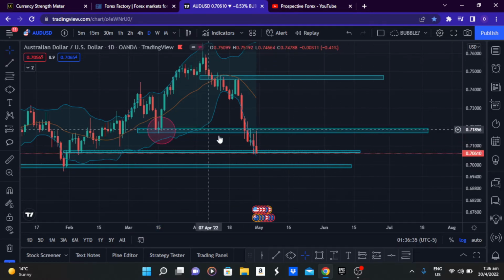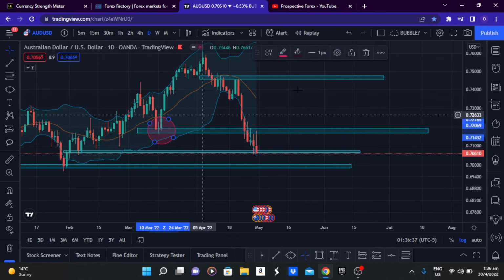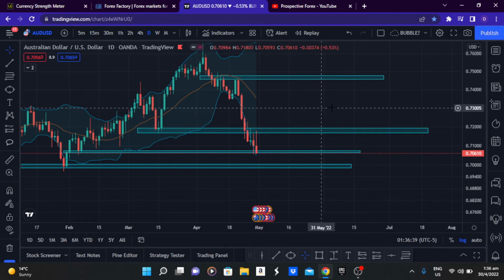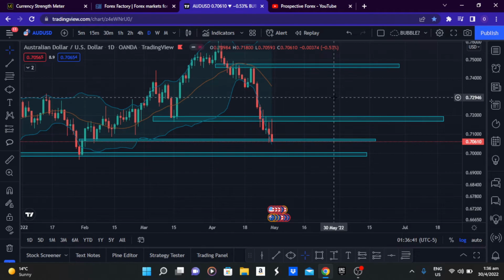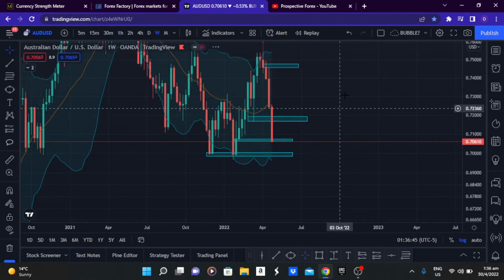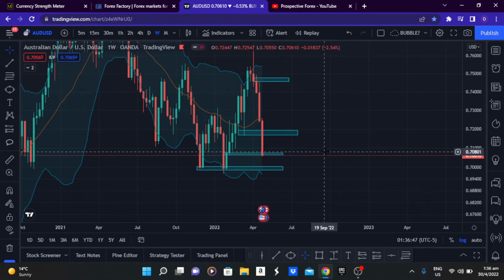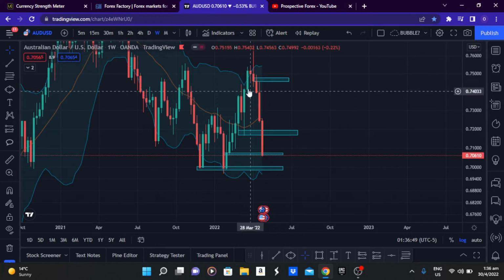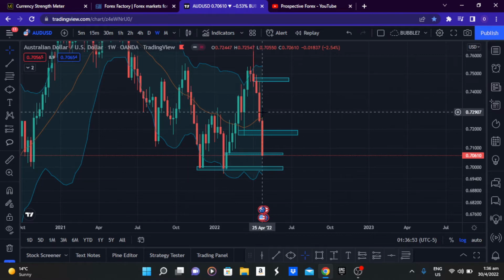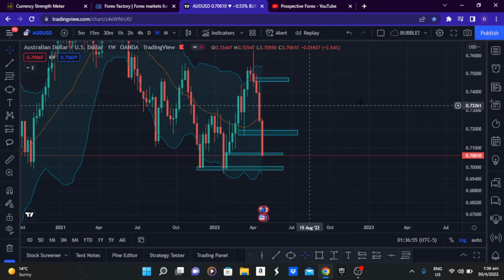So if we look at the overall trend of the RUSD, we can see it's practically bearish for about, let me say, 1, 2, 3, 4, 5, for about 5 weeks.